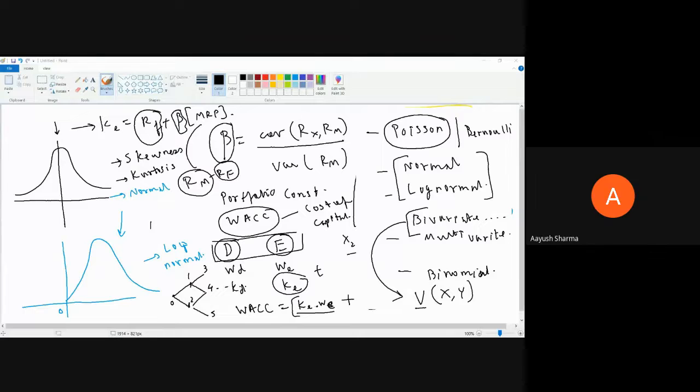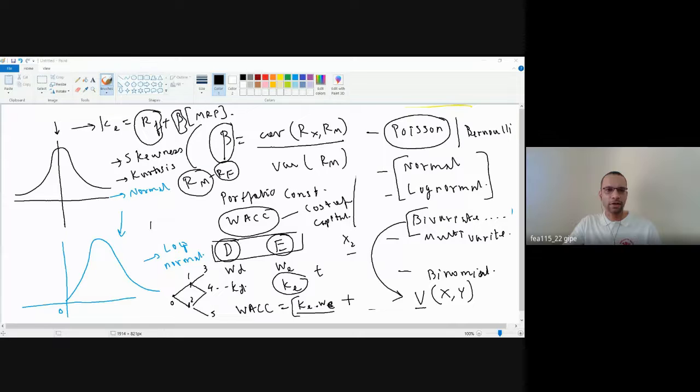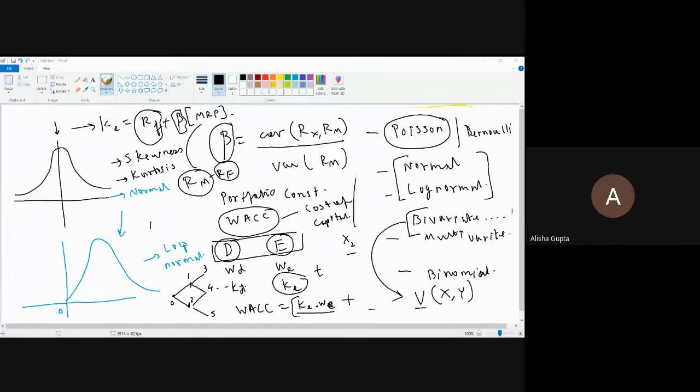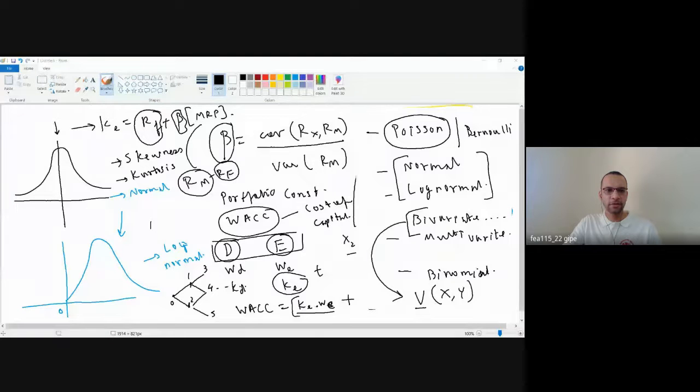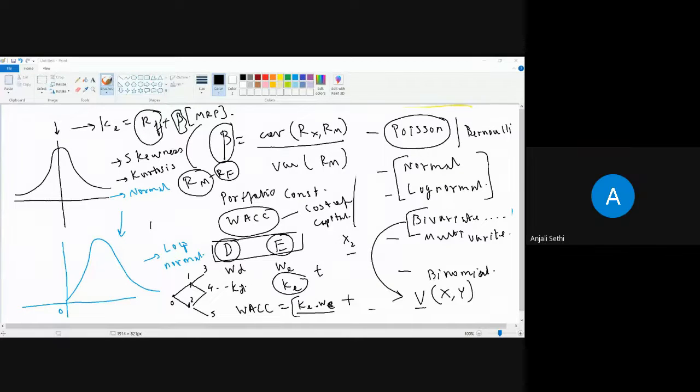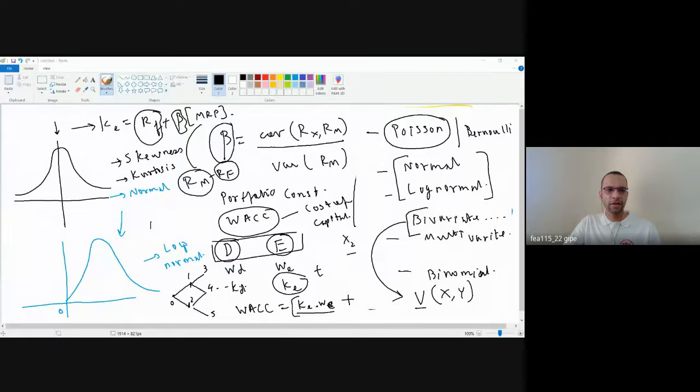Ayush Sharma. Present, sir. Okay. Alisha Gupta. Present, sir. Vidhi is present. Anant Jain. Anish Dopeshwarkar. Anjali Sethi. Present, sir. Arshada Imam.